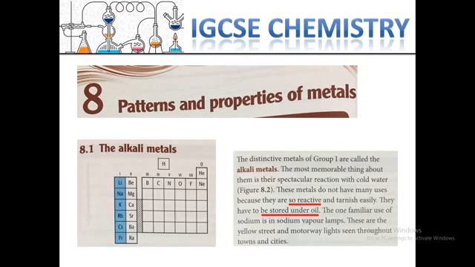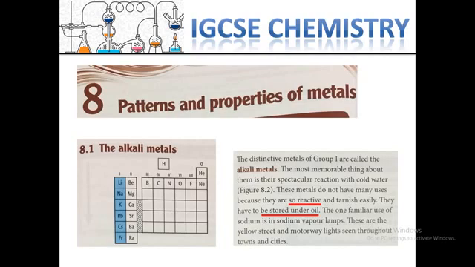They are so reactive, even with the air, with the oxygen available in the air. Therefore, they are stored under oil, to avoid exposing them to the oxygen in the air. So there is a lot of common information which is almost the same as that chapter 2 or 3.